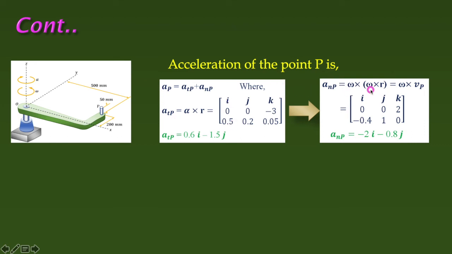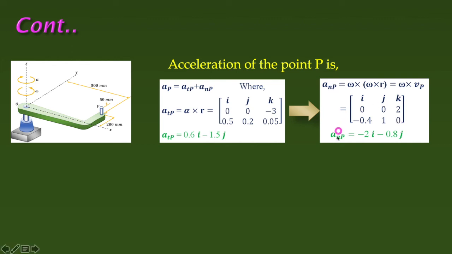Then what's the normal component? We know omega cross r, and here omega cross r indicates Vp, the velocity. So we can write omega cross Vp. Now this omega is 0, 0, 2, and Vp we have derived already in the last slide, minus 0.4i plus j, no k, meaning 0k.